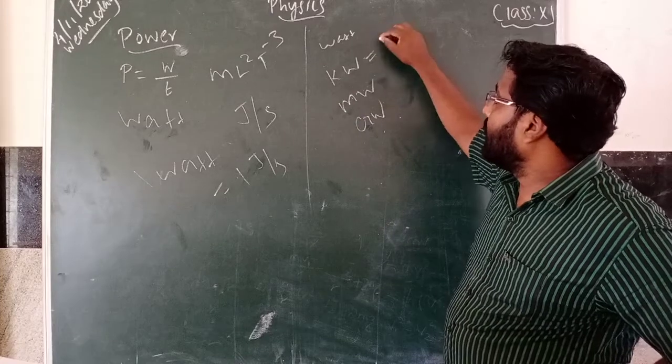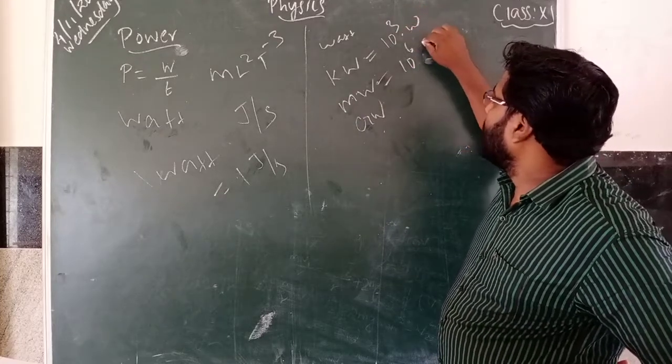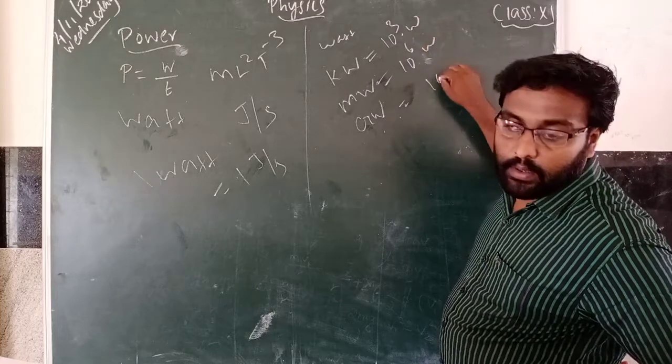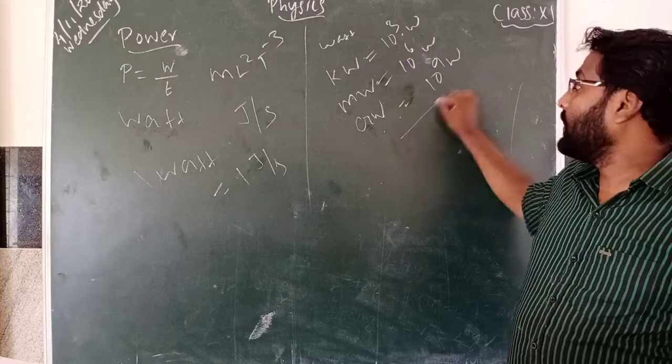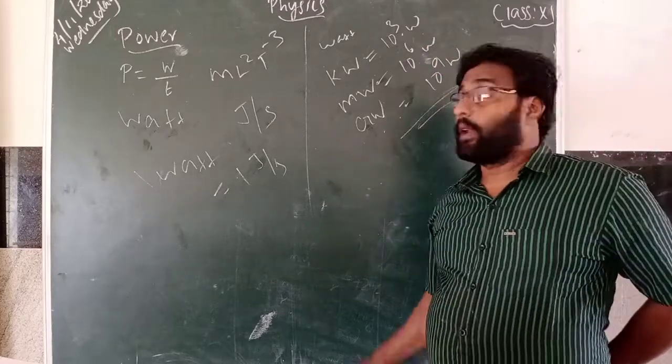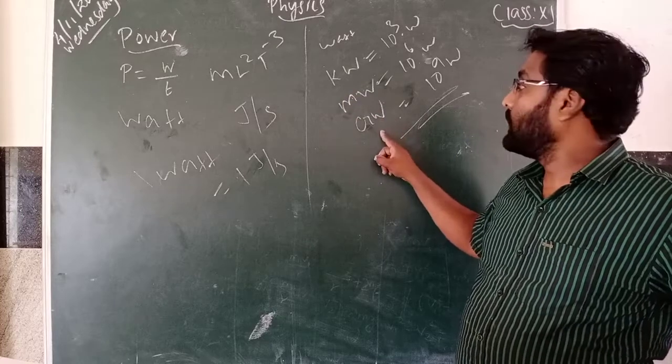Kilowatt means 10 to the power 3 watt, megawatt 10 to the power 6 watt, gigawatt 10 to the power 9 watt. These are the values we are using for the higher units: kilowatt, megawatt, gigawatt.